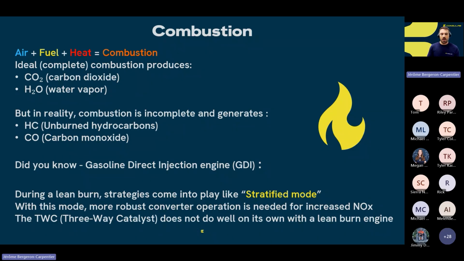The TWC, or three-way catalytic converter, does not do well on its own with a lean burn engine. So there are some strategies, or some more refined components, added to those engines to make it possible to follow all the regulations for all the pollutants.